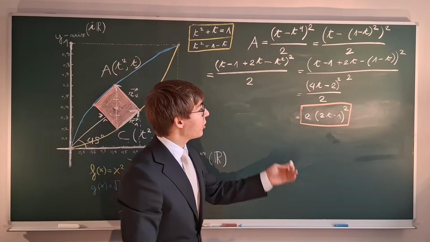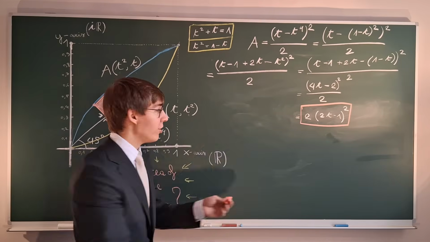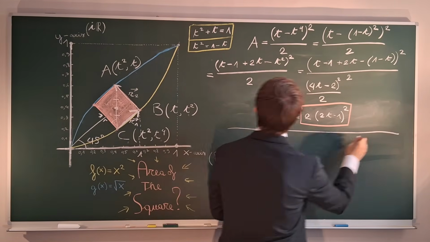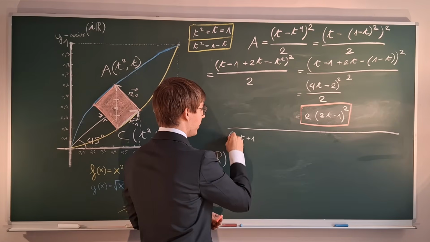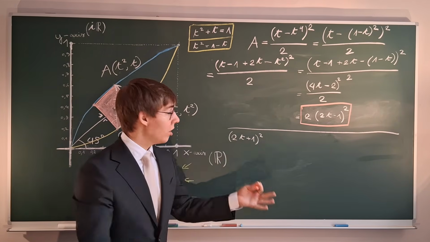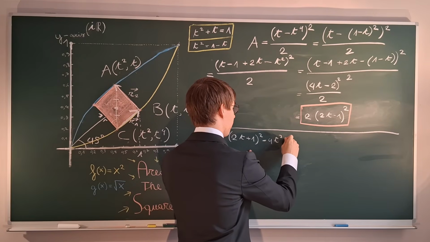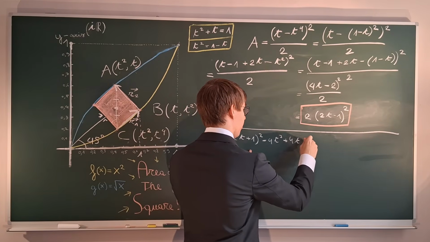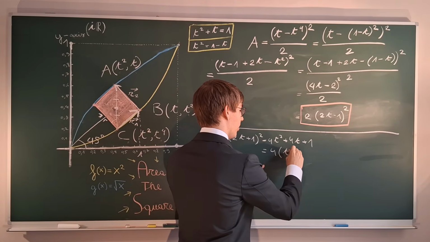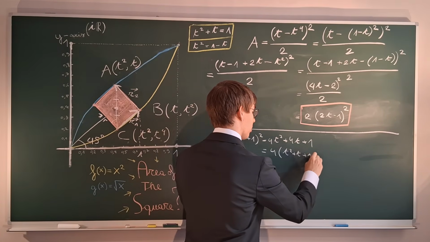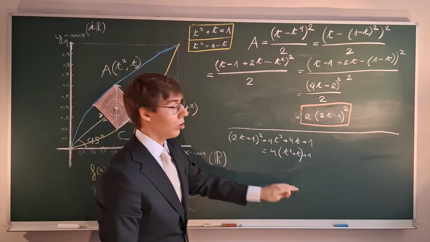And now I stopped here because there is a clever way to find the value of 2t minus 1. And we are going to do this by looking at 2t plus 1 squared, which is equal to 4t squared plus 4t plus 1. And this is 4 times t squared plus t, plus 1. But now we know that t squared plus t is equal to 1.